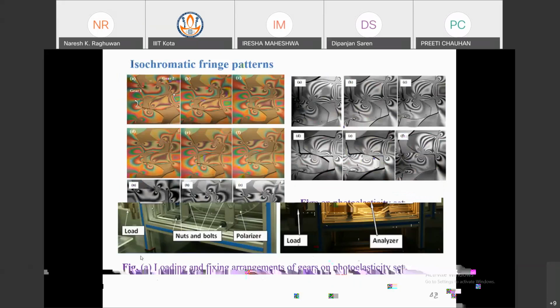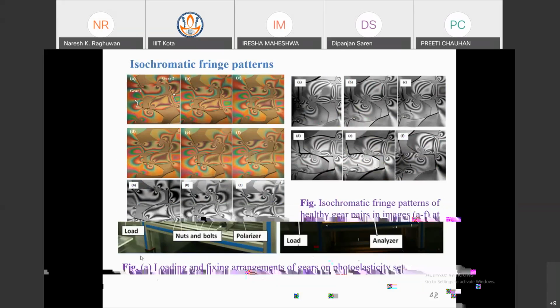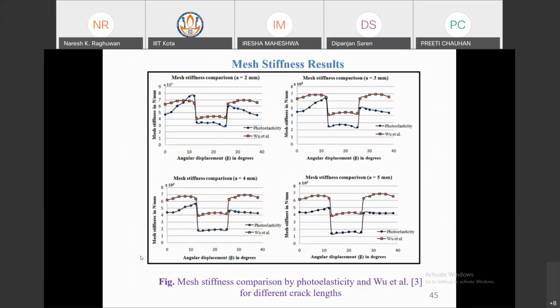For a crack, you can calculate the stress intensity factors and the crack opening displacement, and with the help of this, the stiffness. So in terms of stresses and a combination with analytical methods, not purely experimentally by photoelasticity, you will get the stiffness of the gear by doing the experiment. The experimental results you can also see here.